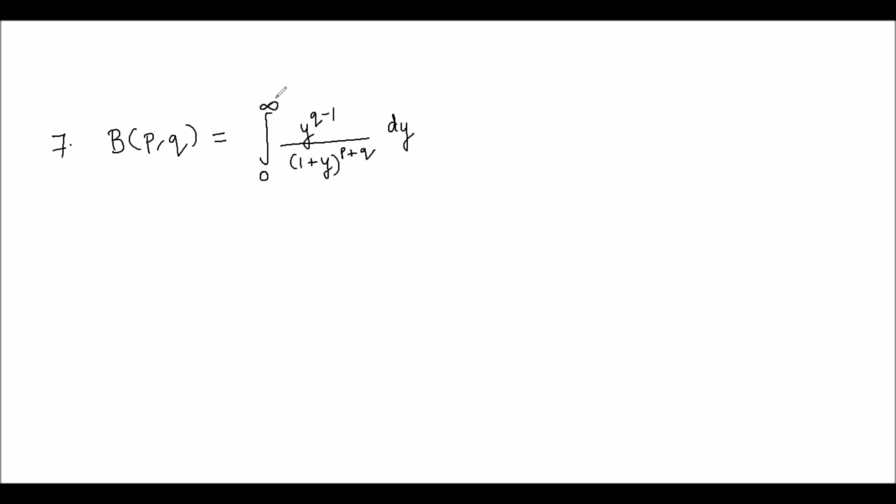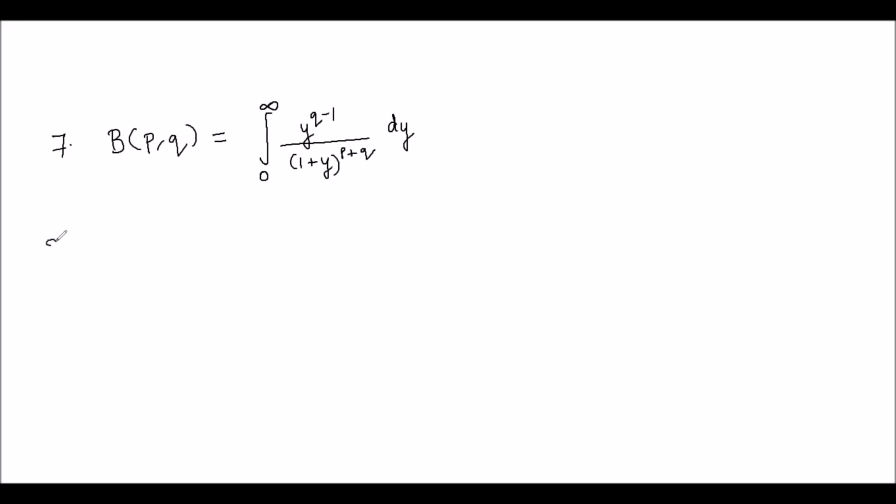They are not 0 to 1 as we had in the definition of beta function. Now the limits are from 0 to infinity. So if we evaluate this integral, we will get beta of p and q. So this is another way of writing beta of p and q.